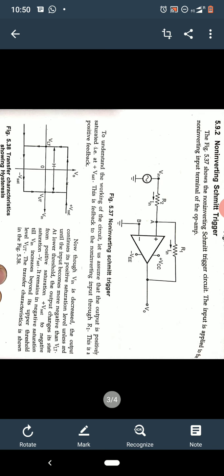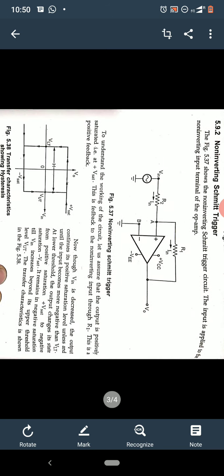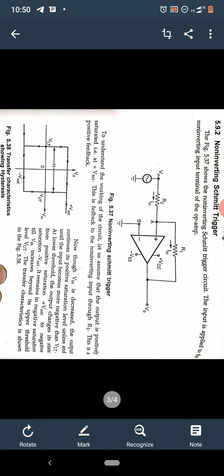So if you analyze this circuit, you can get the value of the hysteresis. The equation is H equals VUT minus VLT. Now what is VUT? VUT is the voltage at point A, which is the current flowing through resistor R2, that is I input into R2. Now what is this I input?